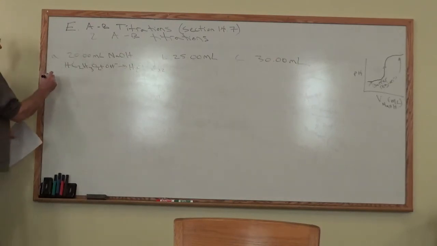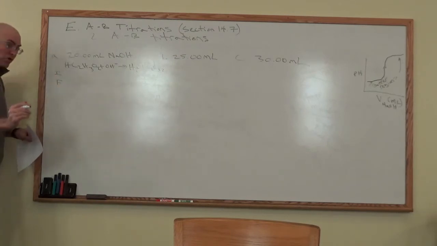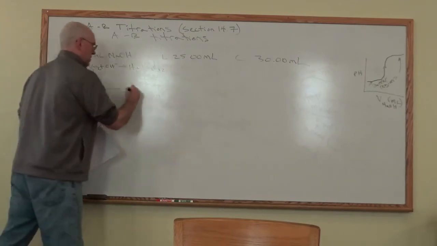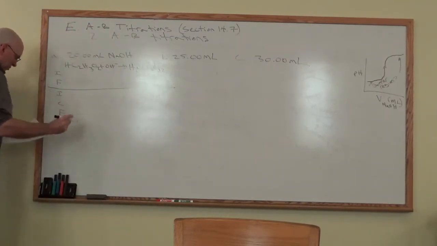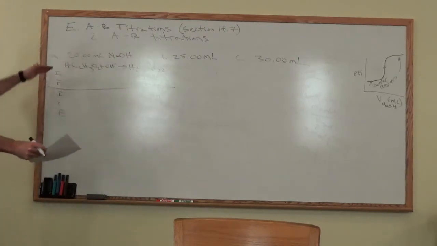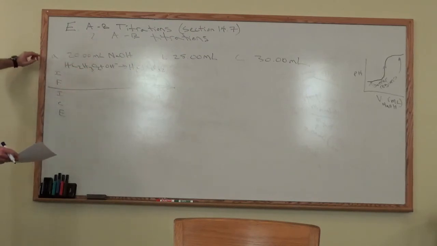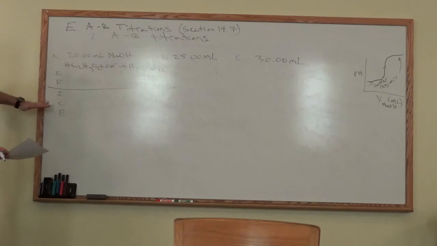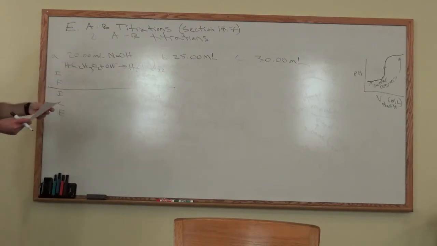So we're going to do an ICF table with moles, and then we're going to do an ICE table with molarity, and we're going to do that for each of these. So I may have to spread that one out a little bit. That's okay. I'm going to streamline this. The ICF is easy. We just take the volume of whatever we're dealing with and multiply by its corresponding molarity.